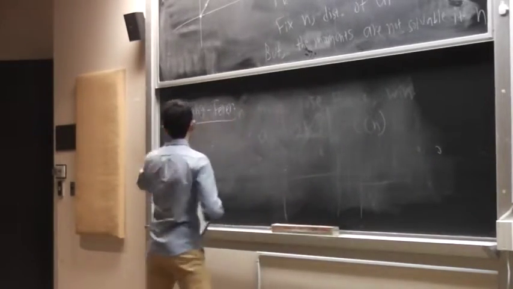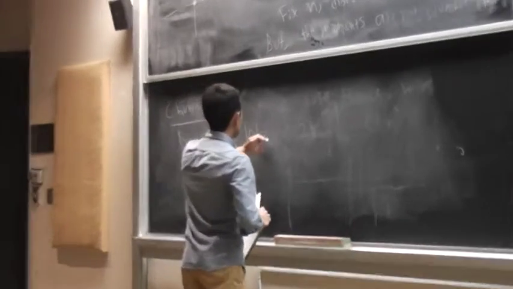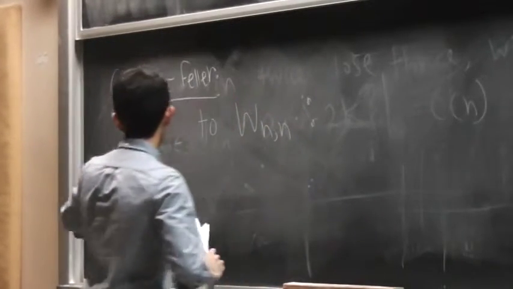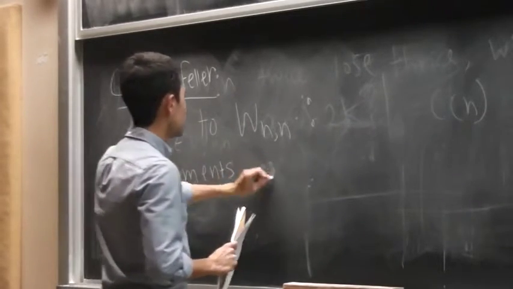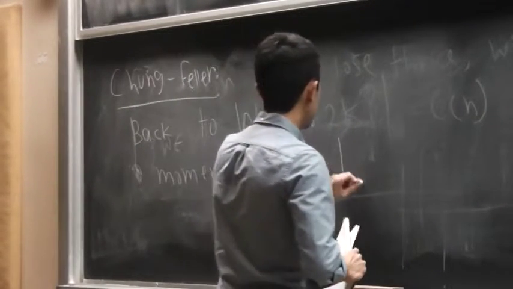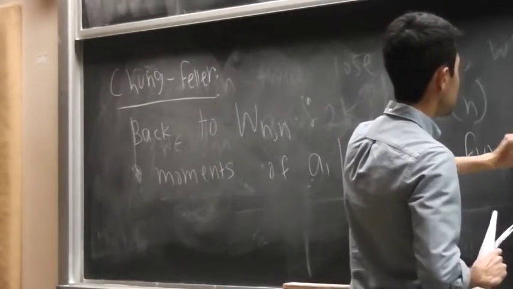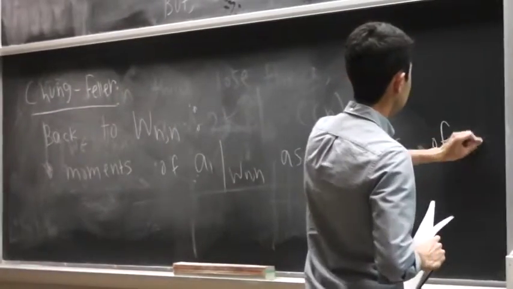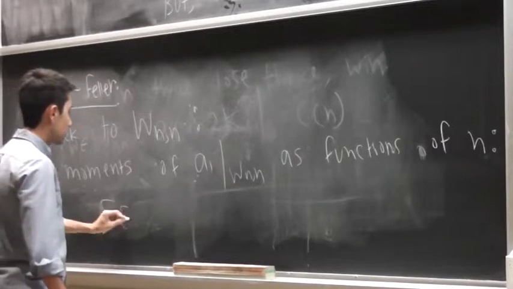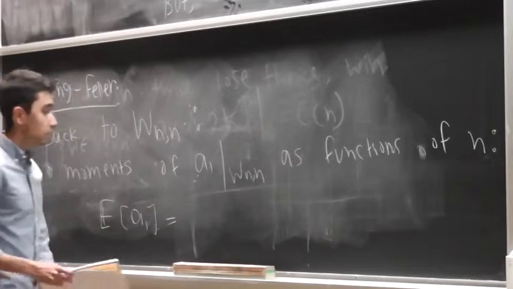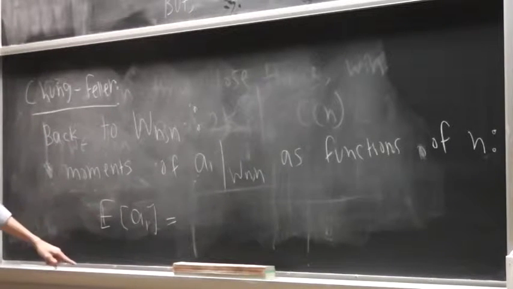Okay, so let me show you. Back to W and N. We know the moments of A1 restricted to W and N as functions of N. For example, the expected value: if I'm walking to the diagonal, what's the expected number of times I'm below the diagonal?